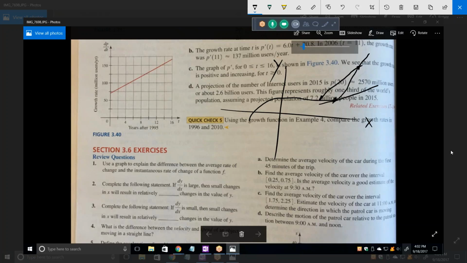This line is an instantaneous rate of change. So how would you explain the difference between them? One's a secant and the other is a tangent line, and one's like an average while the other one's just over one single point. That's a good explanation. Yeah, it's not an easy thing to explain.